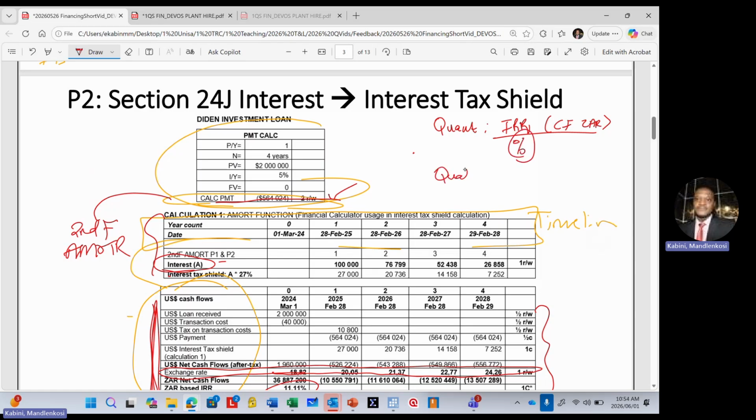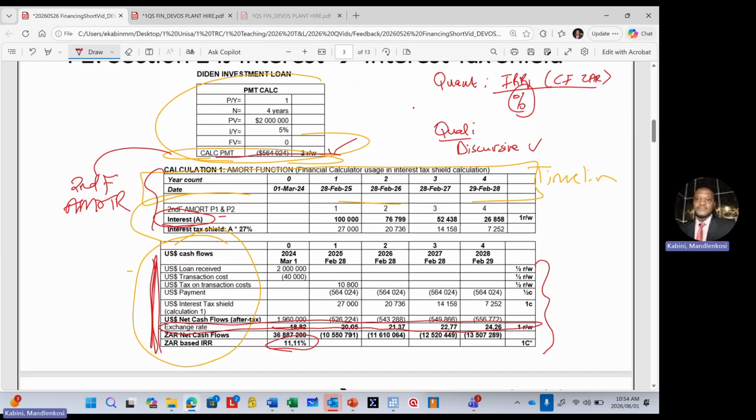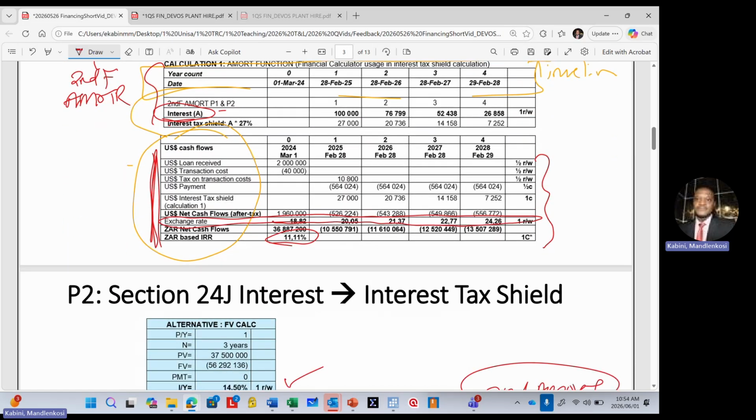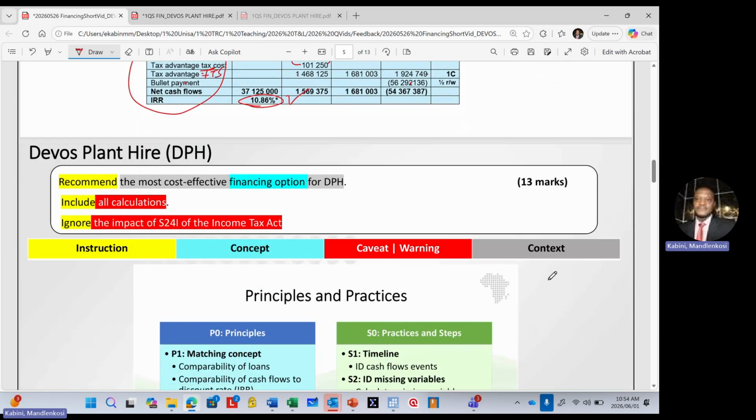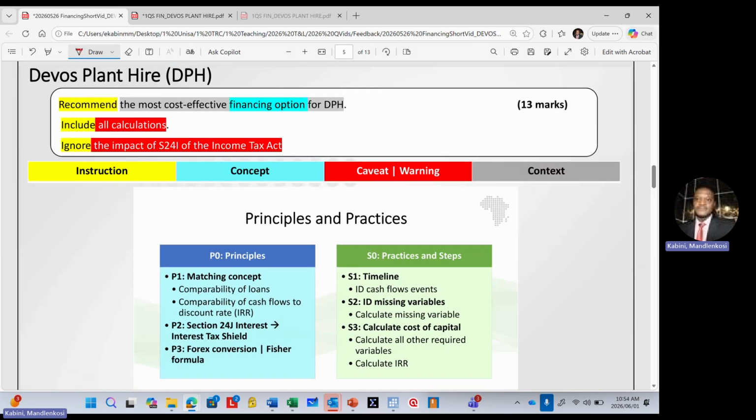But in terms of qualitative, in terms of discussion, what are the factors and forces that you would consider in your analysis in order to make a decision on the loan? So that's it in terms of your analysis.